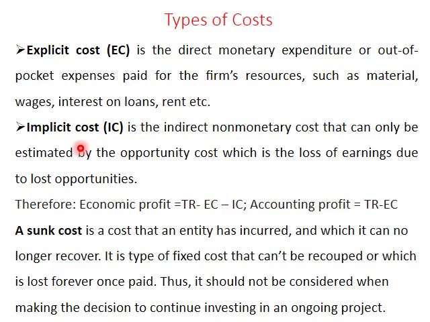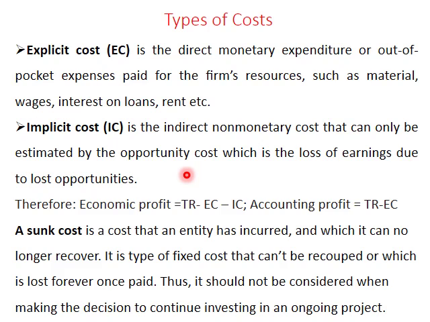On the other hand, implicit cost is the indirect and non-monetary cost. It can only be estimated by opportunity cost, or the second missed cost, which is the loss of earning due to a lost opportunity. By the way, life is full of choices.